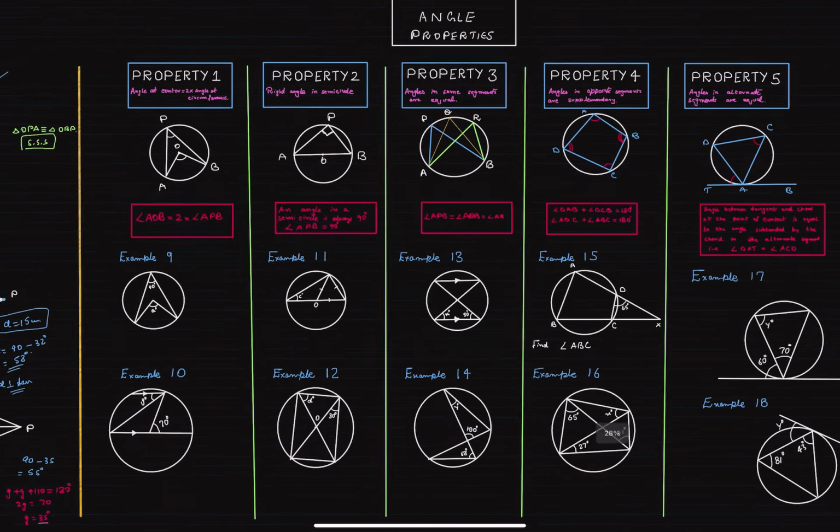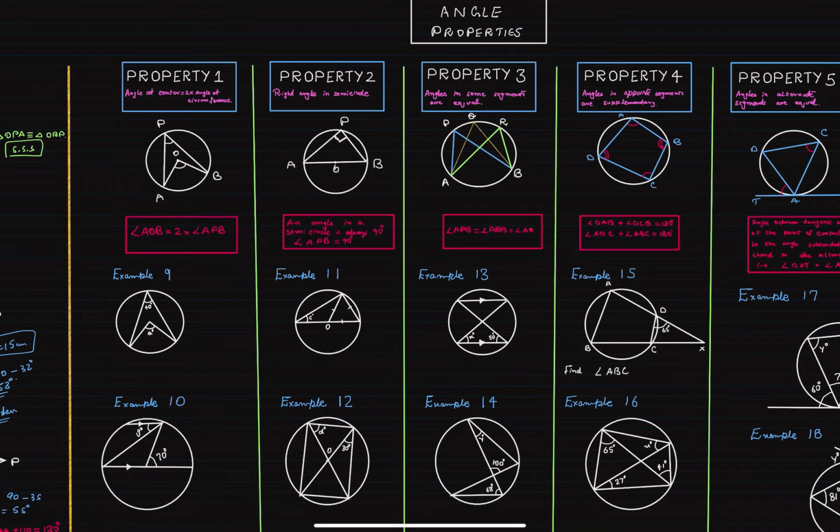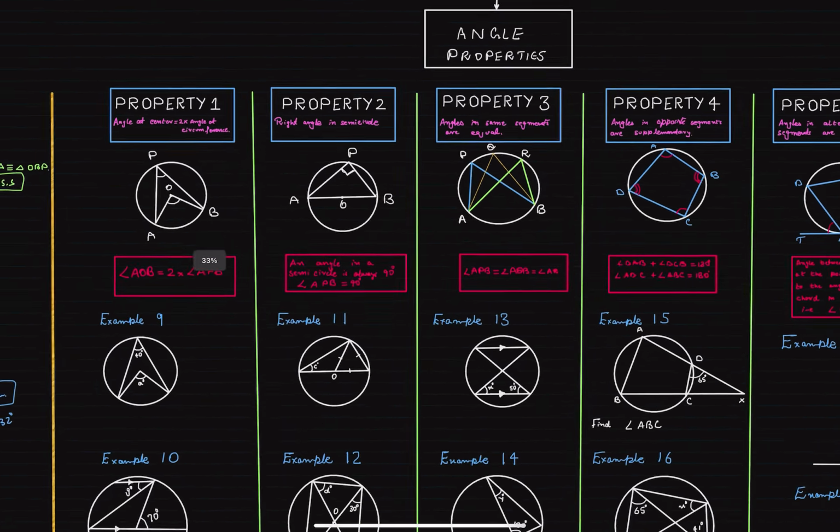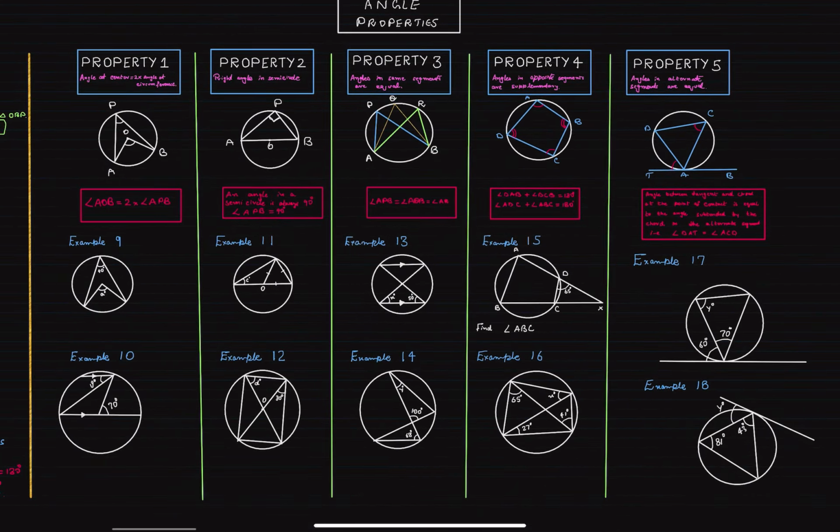So now we have angle properties. You can take a snapshot of it and take a print or whatever and do the working on paper along with the video. So that would be a good idea for practice, right?